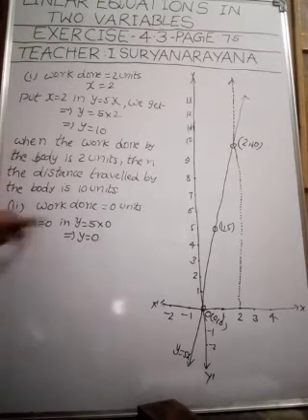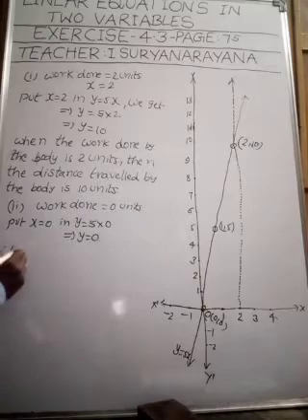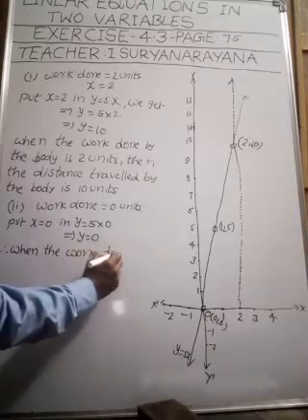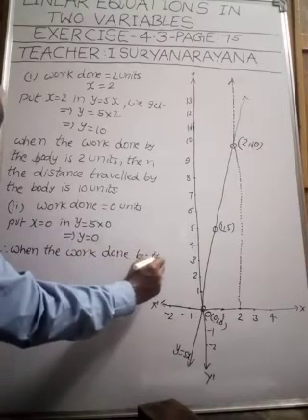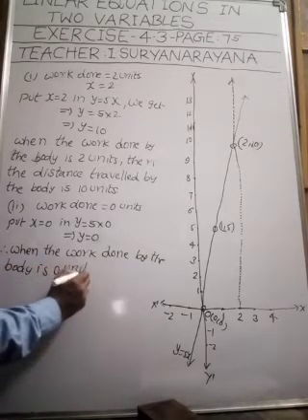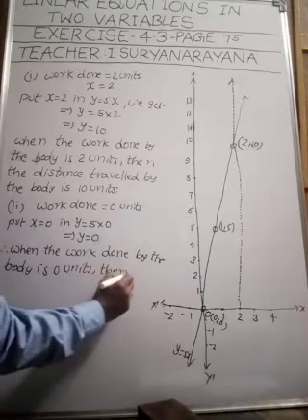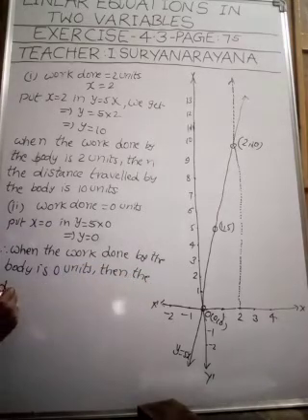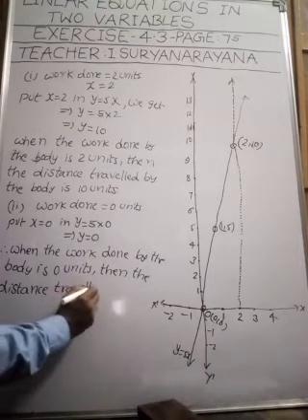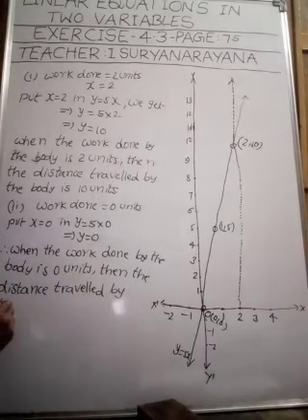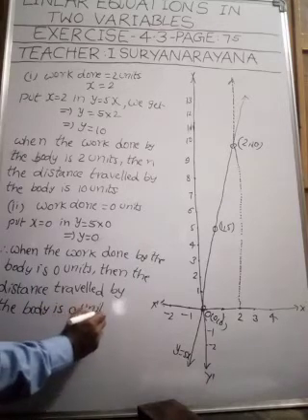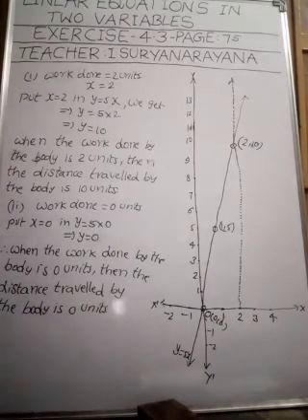Therefore, when the work done by the body is 0 units, then the distance travelled by the body is 0 units. Understood this point, my children?